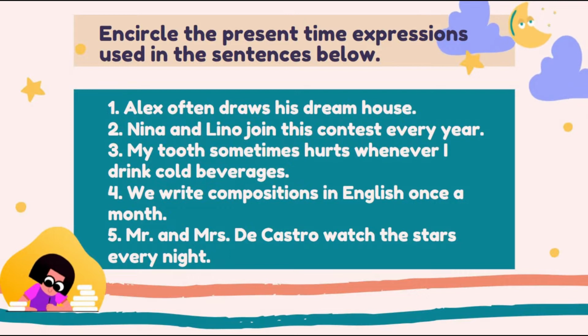Now let's move on. Number 4, we write compositions in English once a month. Okay, please tell me the time expression. Did you see it? Wow, very good. Once a month. Okay, and lastly, number 5, Mr. and Mrs. De Castro watch the stars every night.